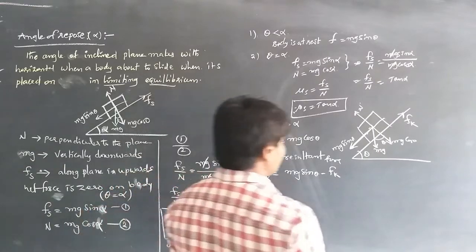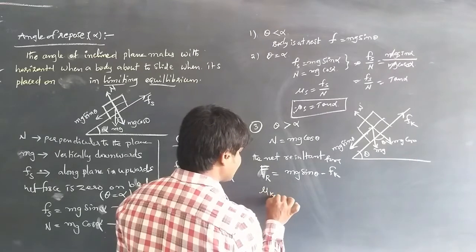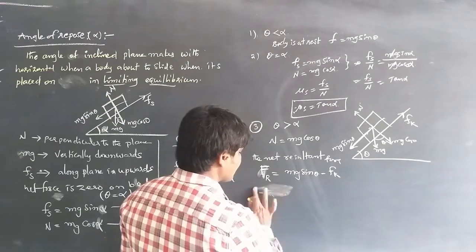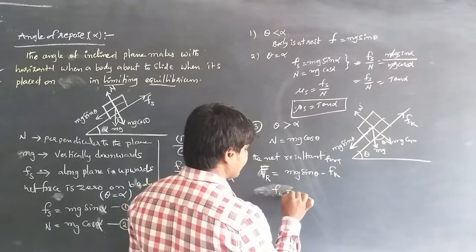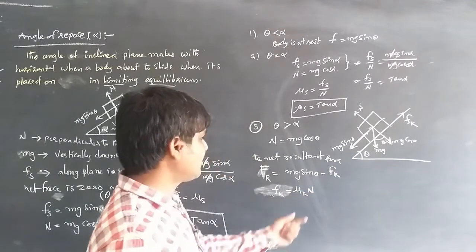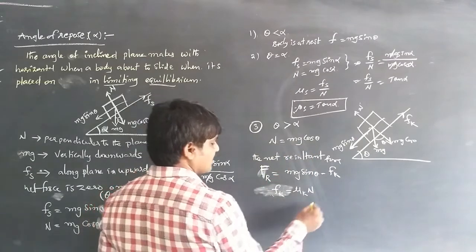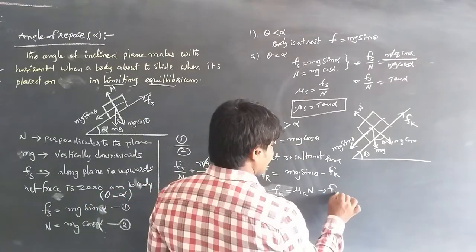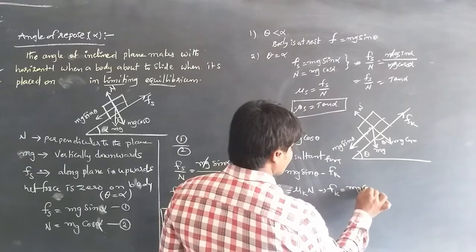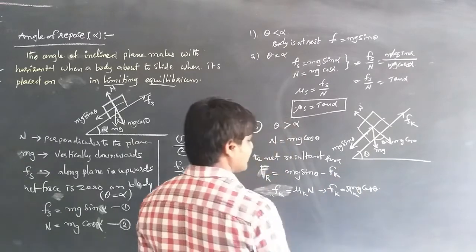From the coefficient of kinetic friction, mu k, the kinetic friction fk is equal to mu k N. But we know that N is equal to mg cos theta, so fk is equal to mu k into mg cos theta.